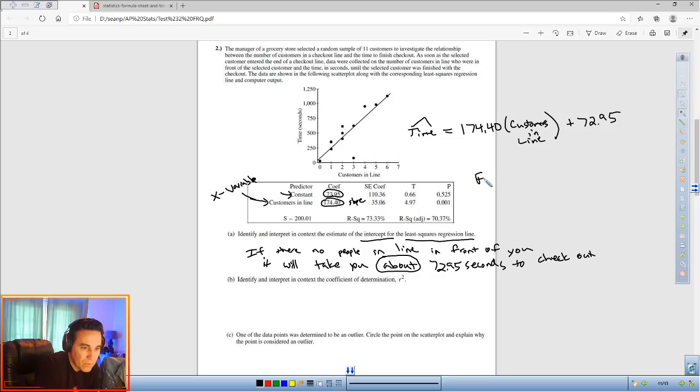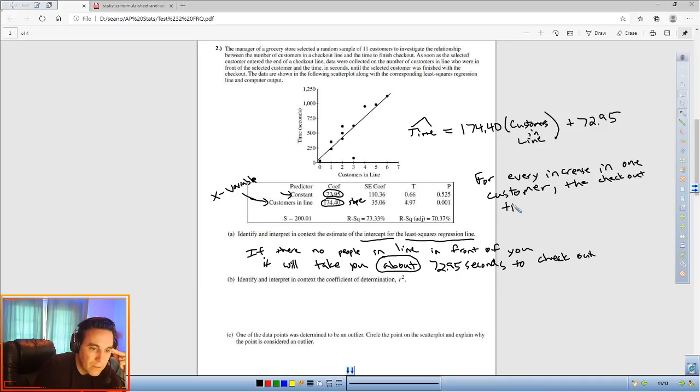For every increase of one customer, the checkout time increases on average by 174.4 seconds.